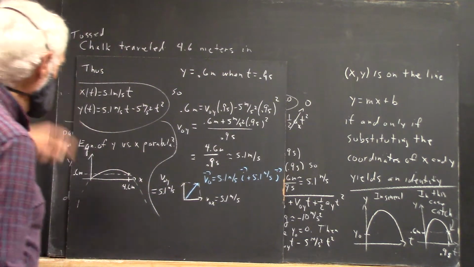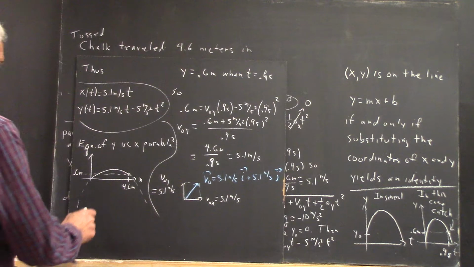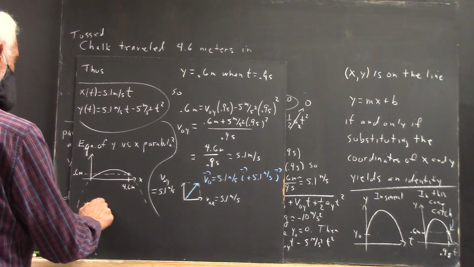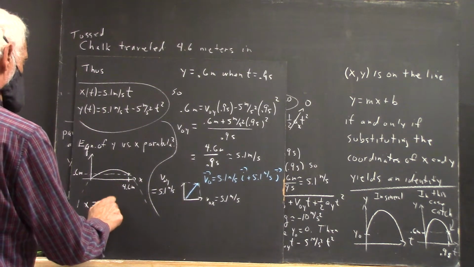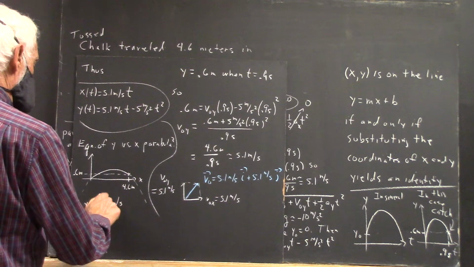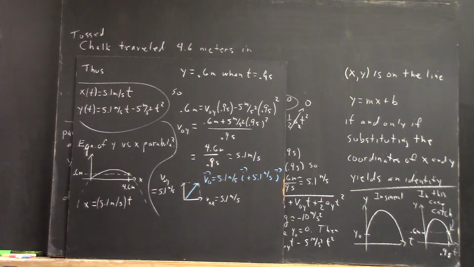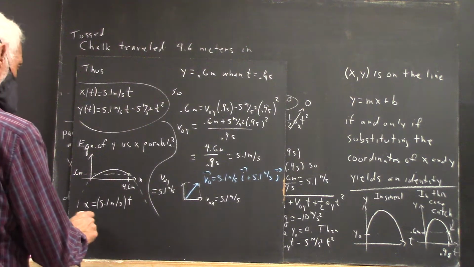How do we get this equation? Okay, that makes sense. x is 5.1 meters per second times t.